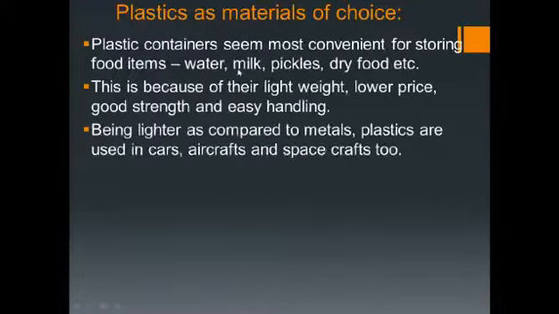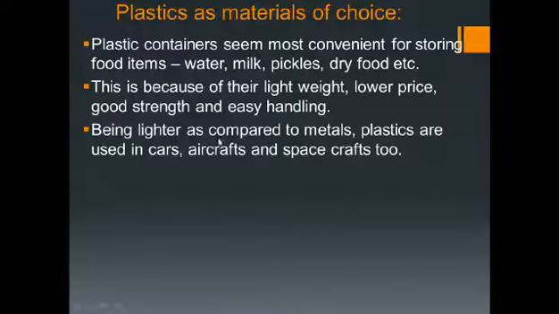Now, we will discuss some characteristics of plastics. Plastic as material of choice. Plastic containers seem most convenient for storing food items like water, milk, pickles, dry food, etc. This is because of their lightweight, lower price, good strength, and easy handling.